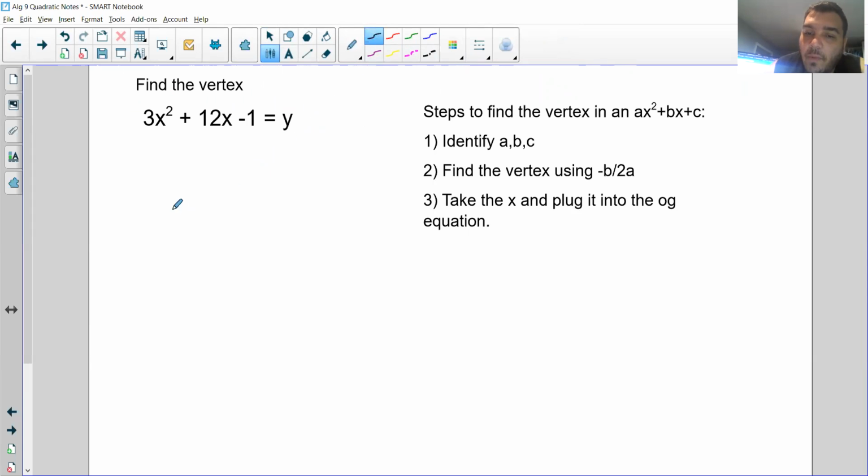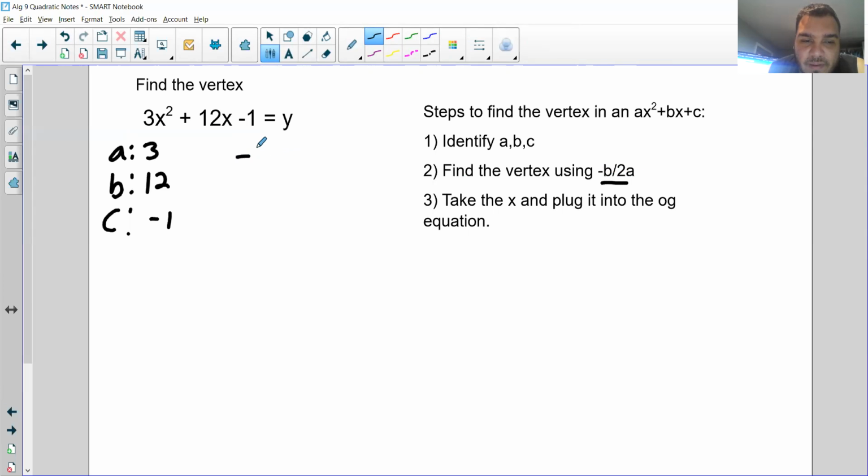Okay. Step 1, you have to identify your A, B, and C. Now, identifying A, B, C is not necessarily a new skill. That was the same from our quadratics from the past when we had to do factoring. 3, 12, -1. Then from here, we're going to use the equation negative b over 2a.